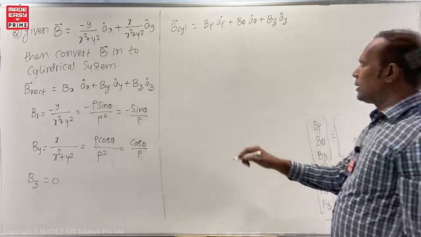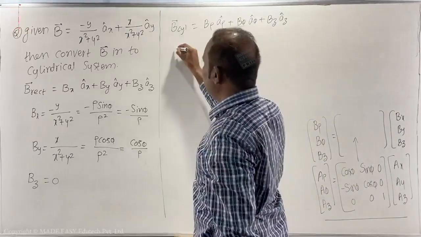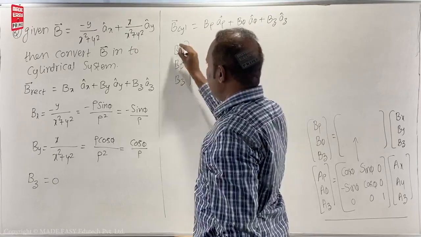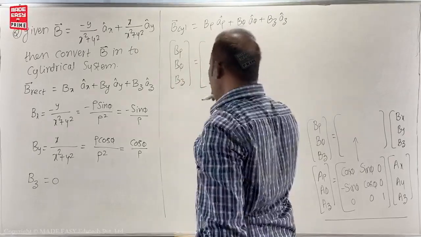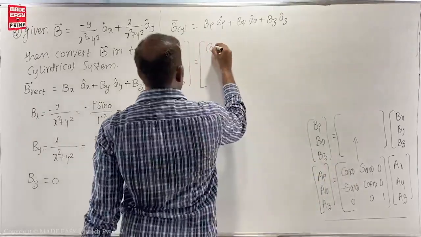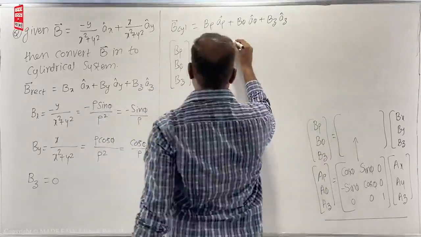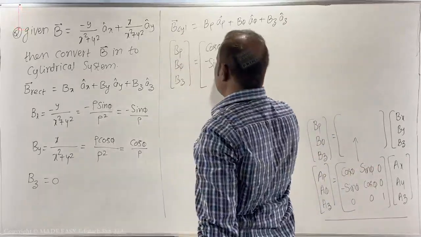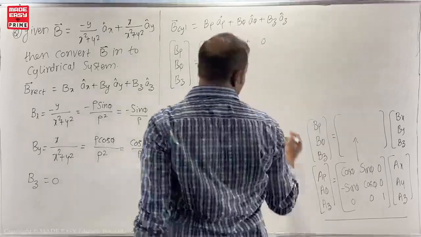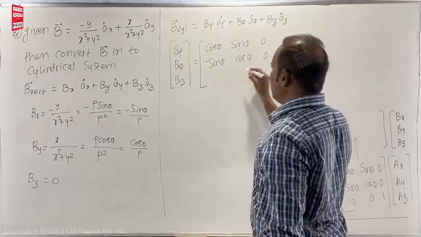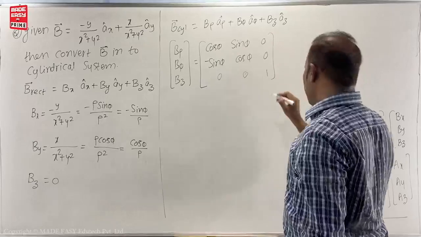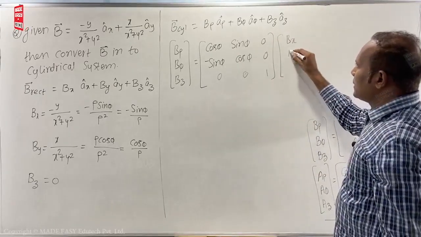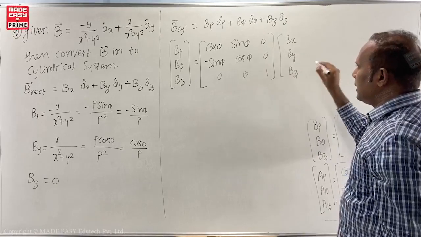So you want b rho, b phi, bz. So b rho, b phi, bz is equal to, in matrix form, cos phi, sin phi, 0, minus sin phi, and cos phi, 0, 0, 0, 1. And then here you have bx, by, bz.